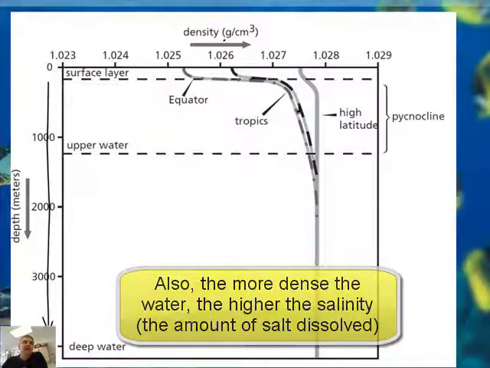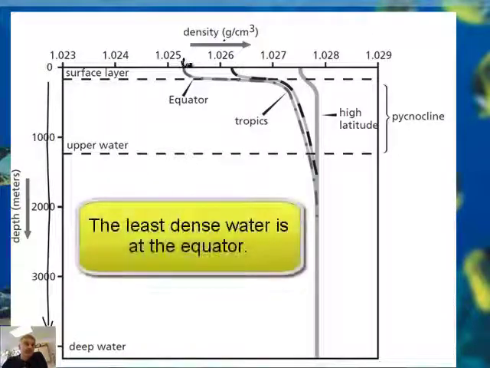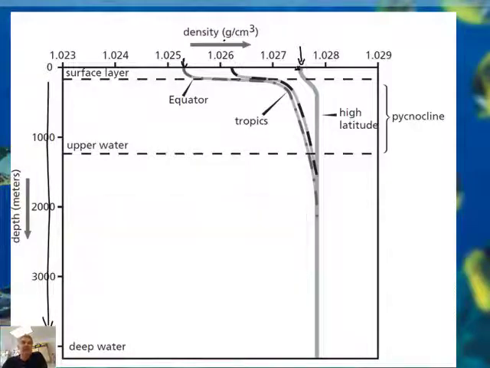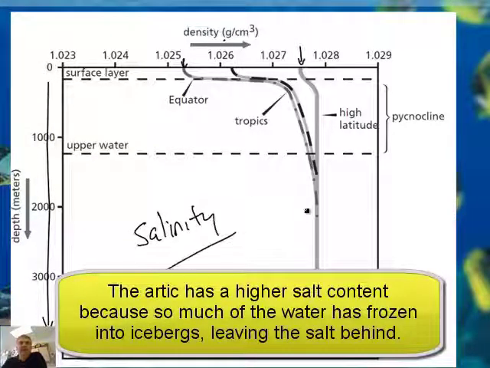All right, so same thing. We go from 0 down to 4,000 feet, and then the density changes. At the equator, we have the least dense water. There's not as much salt. The equator is not as salty. And at the high latitude, it is the saltiest, which makes it more dense. So it actually has to do also with what's called the salinity. And it follows the same pattern.